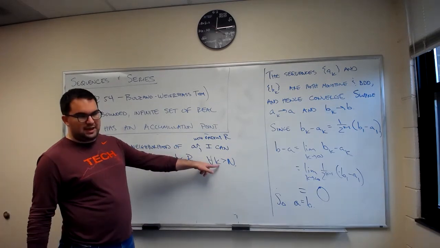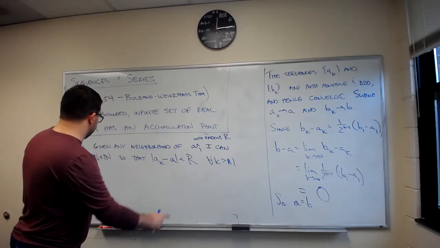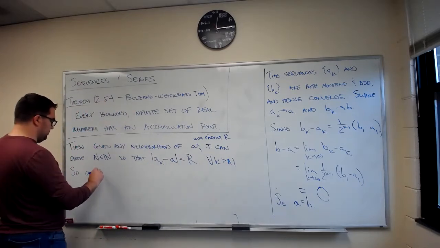If I take K to be equal to capital N plus 1, that satisfies this. So then A sub N plus 1 is something in E.